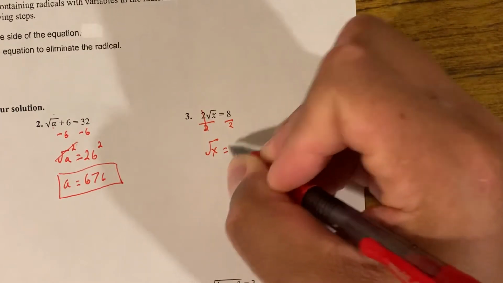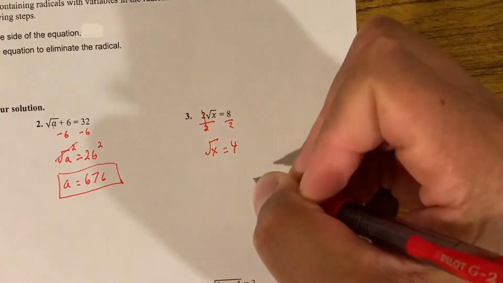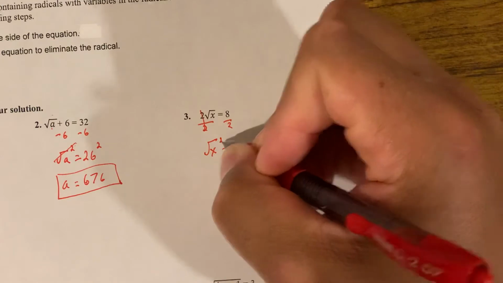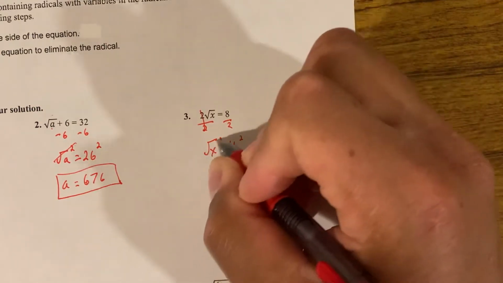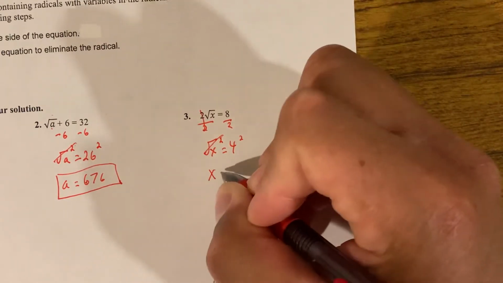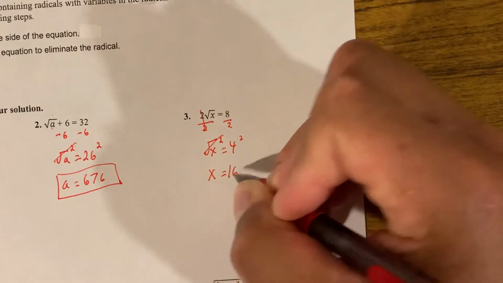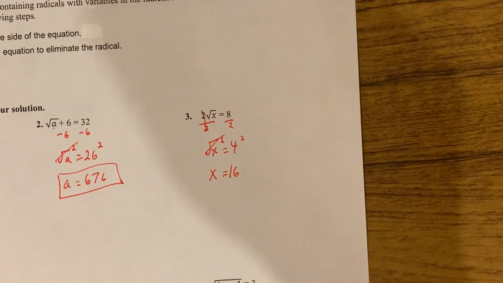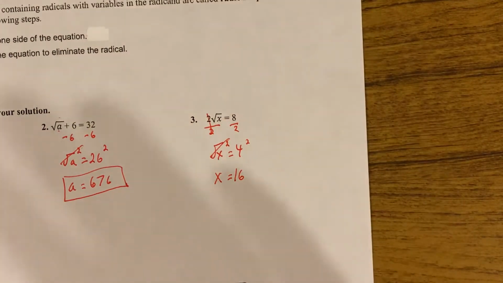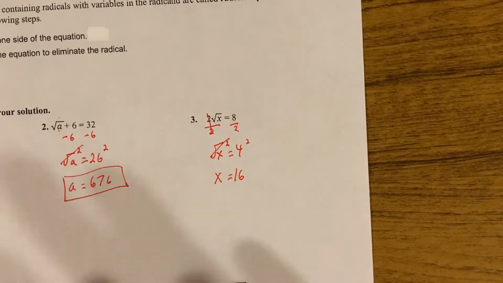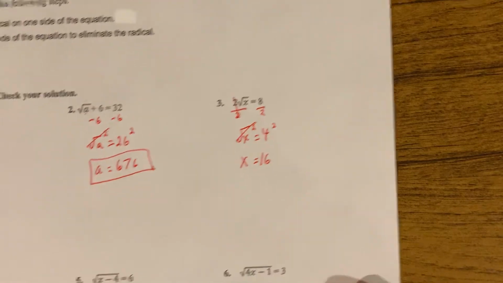Square root of x equals 8 over 2, which is 4. And then square both sides. This cancels. X equals 4 squared, which is 16. We're not doing anything super new. You just have to remember that part about isolating the radical.